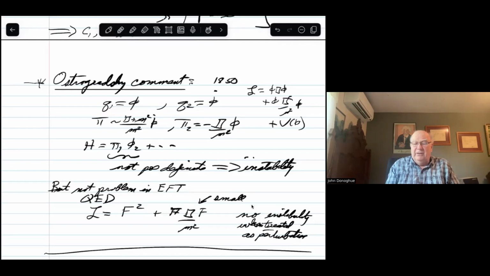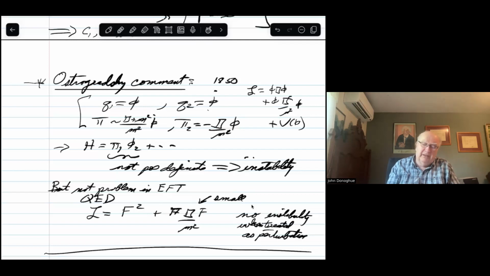He takes one of the coordinates to be phi, the others to be phi dot, and I've written them out. It's not obvious ahead of time, but these are choices that then, when you form a Hamiltonian in the usual way, Hamilton's equation is equivalent to the equations of motion. Okay, so that was the Ostrogradsky construction. And it's taken in modern terms to argue against theories with higher time derivatives.